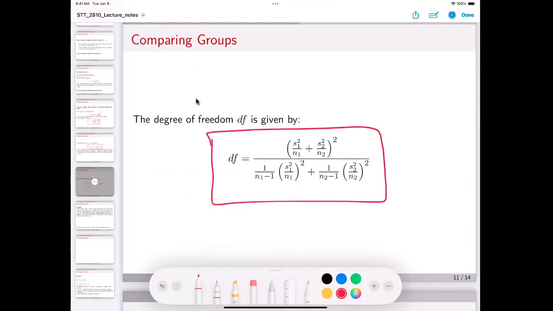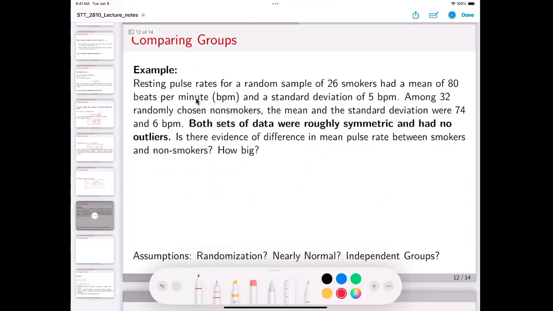Now let us look at how to implement an example. So I'm going to do this example and do a couple of them in StatCrunch. This example says that the resting pulse rate for a random sample of 26 smokers.